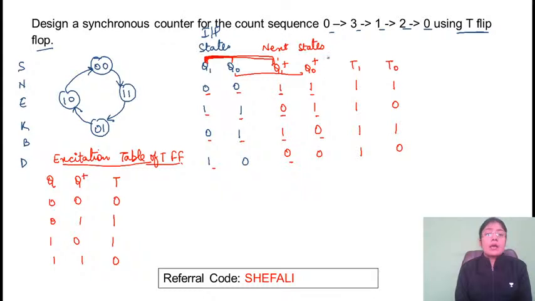If you construct a 2 variable K-map for T1 and all the bits are 1, then ultimately T1 will be returning 1. Applying Boolean algebra rules, the minimum expression will be 1. What about T0? Let me write here so that we get space for designing the counter.